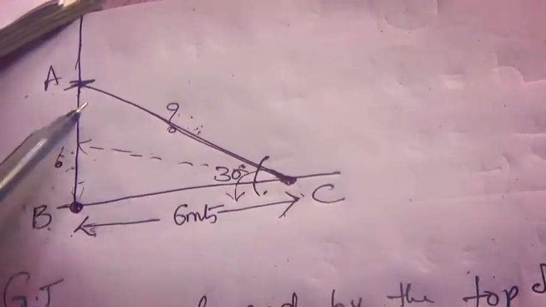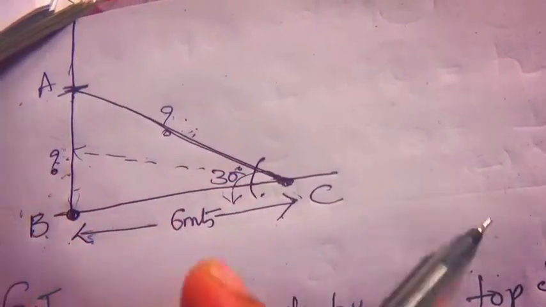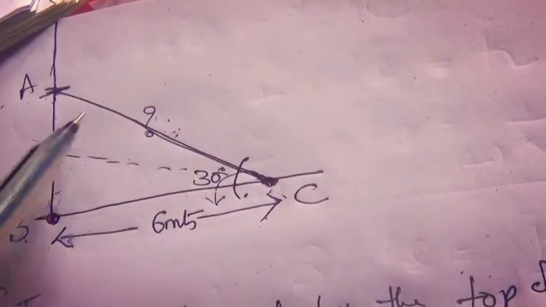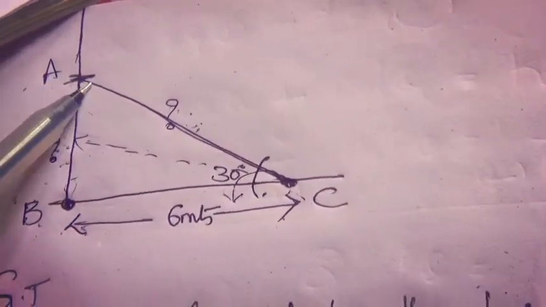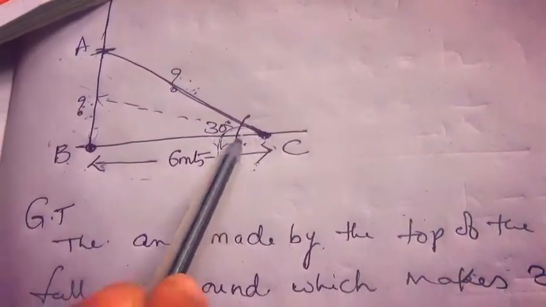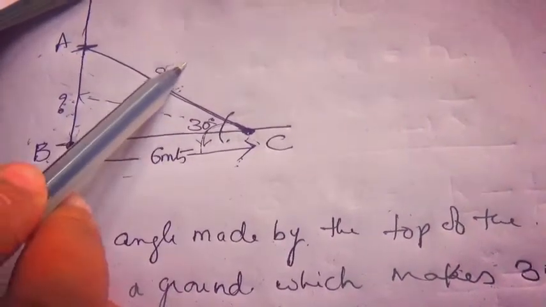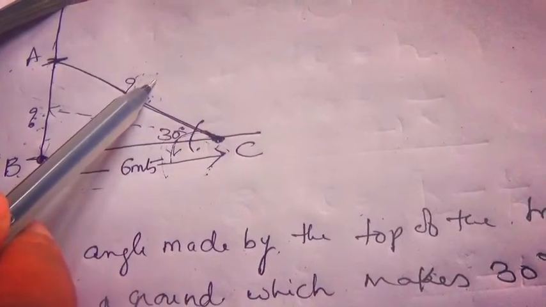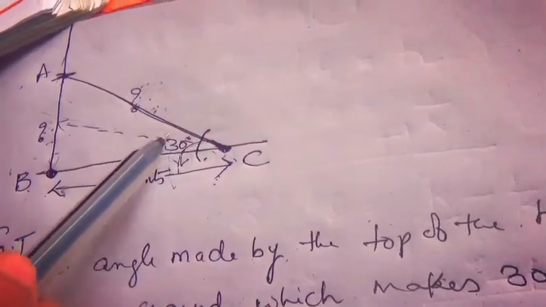Next, for the total height of the tree, we have to find out this AC also. The addition of these two, you will get the height of the tree. That's why AC also you have to find out. So look at here. Here BC is the adjacent side. Here it is the hypotenuse, right? So for the adjacent and the hypotenuse, what is the trigonometric ratio we have to take?